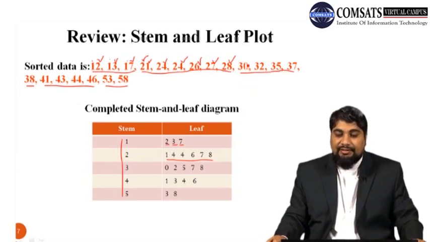Similarly in the next, the stem is 3 in each of these numbers, and the leaves are 0, 2, 5, 7 and 8. And next we have 1, 3, 4, 6. And in the end we have 3 and 5. So this is how to construct a stem and leaf diagram.